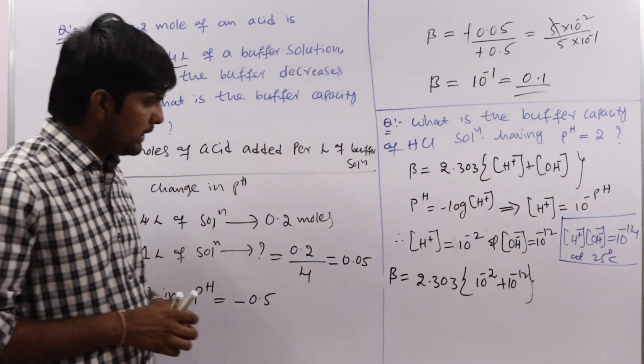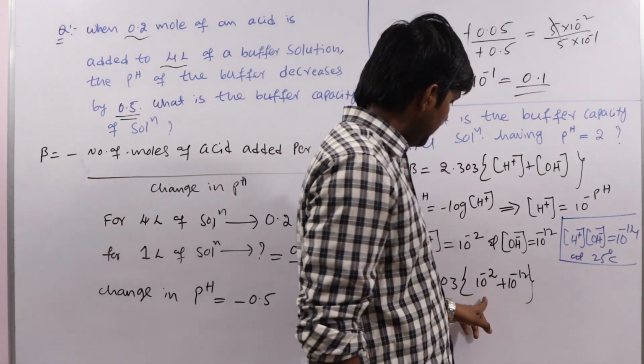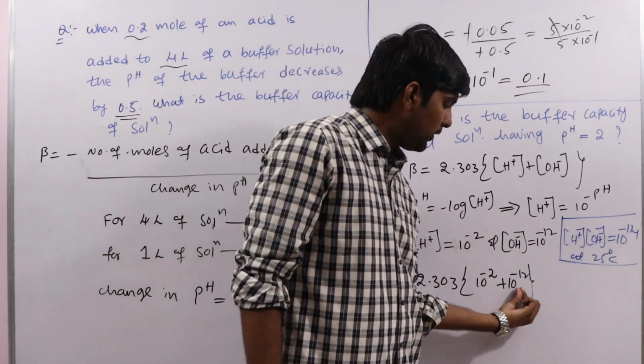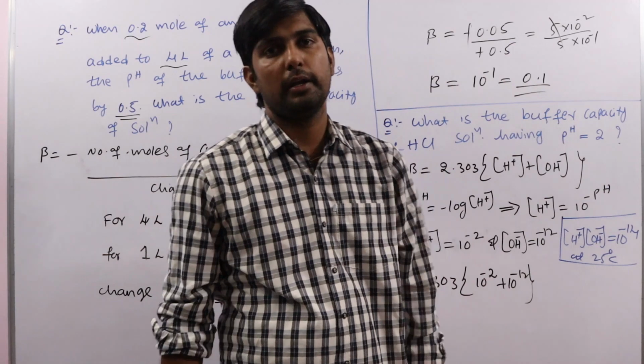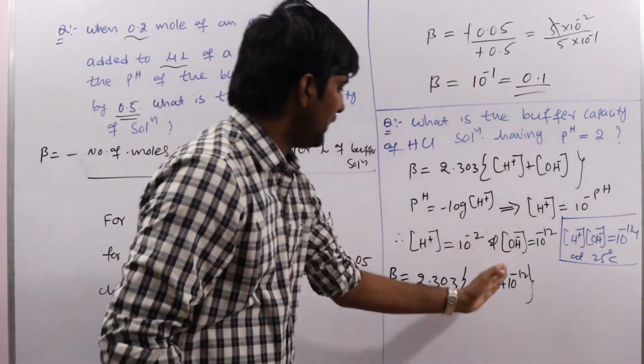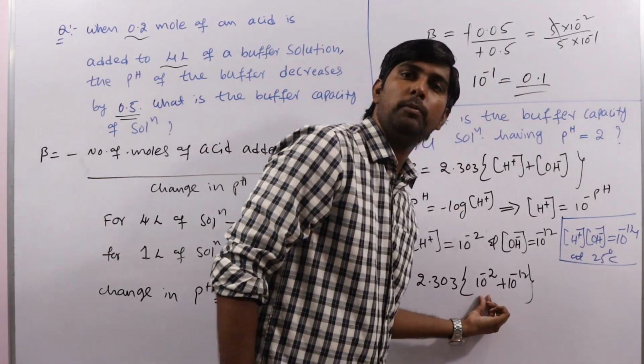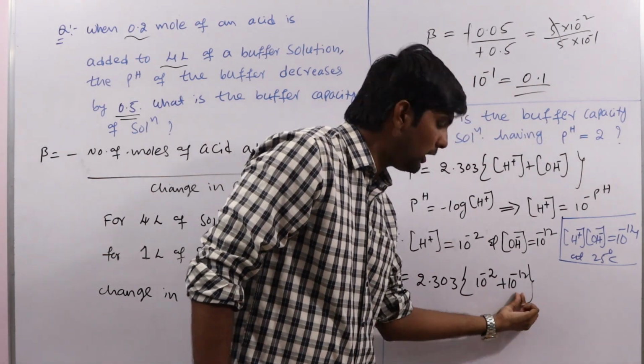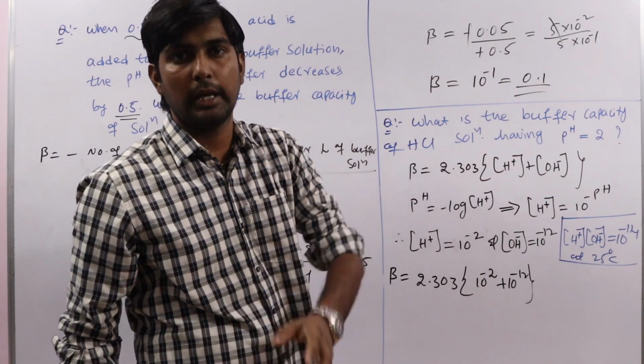When compared to 10 power minus 2, 10 power minus 12 is much smaller, a very small value, so you can neglect it. Its contribution is negligible.